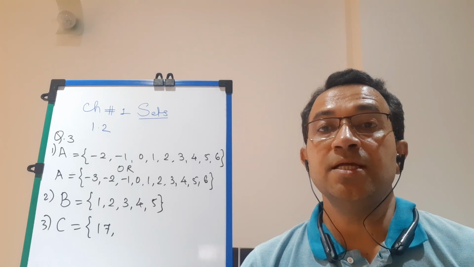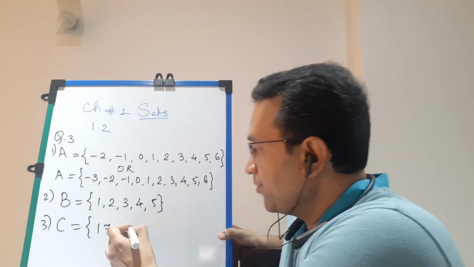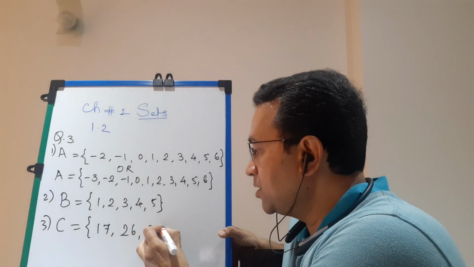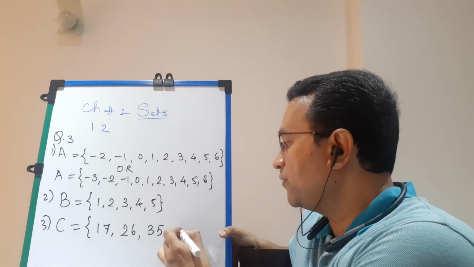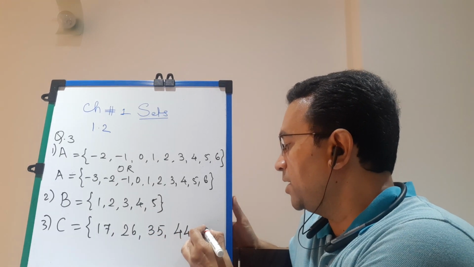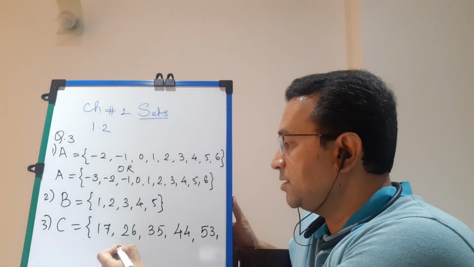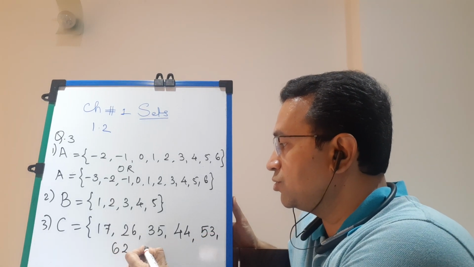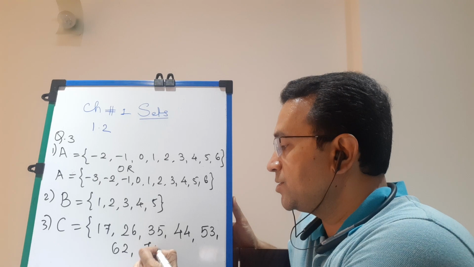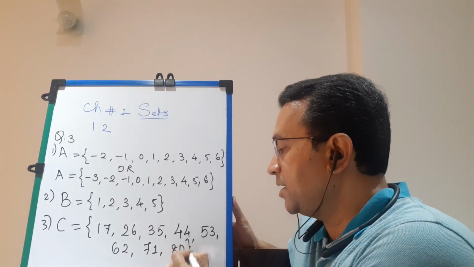Then it is 26, then 35, then 44, then 53, then 62, then 71, and then 80.